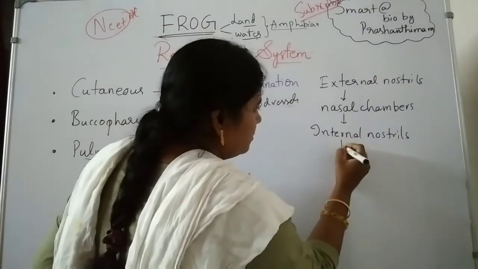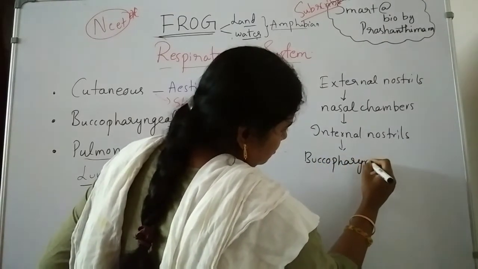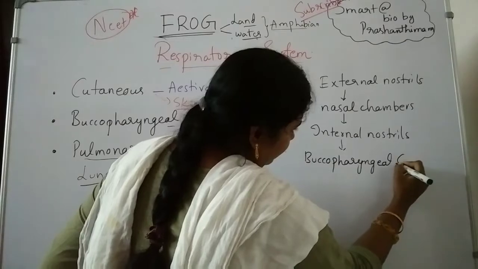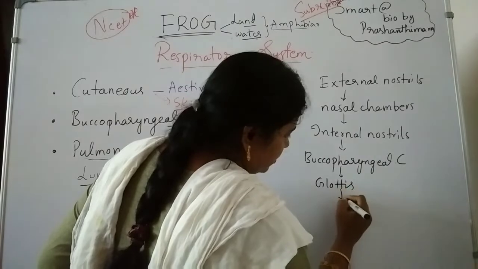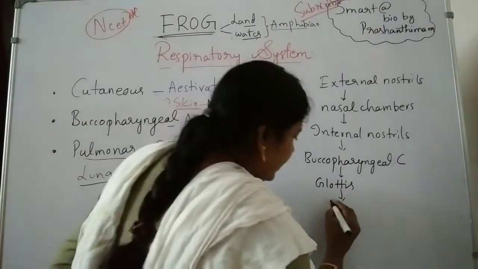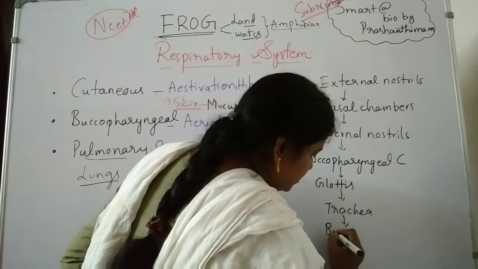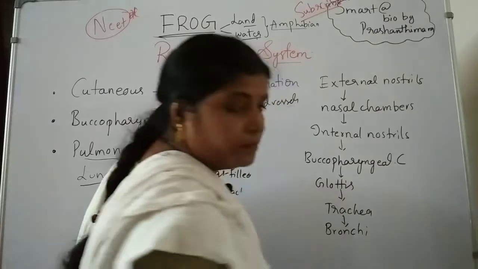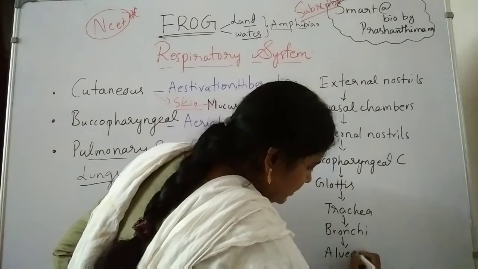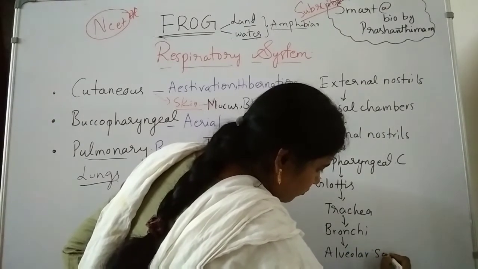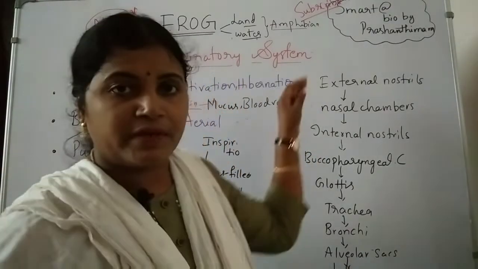Then the buccopharyngeal cavity, and from the buccopharyngeal cavity, glottis. Then trachea, which is divided into branches, bronchi. The bronchi open into the alveolar sacs in the lungs. So this is the respiratory passage.